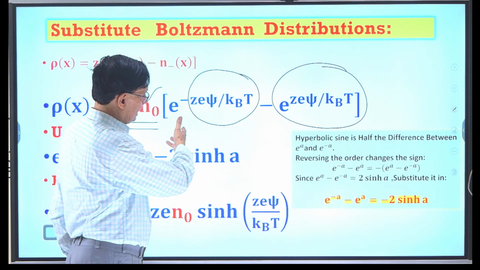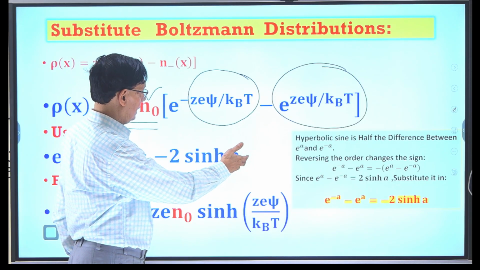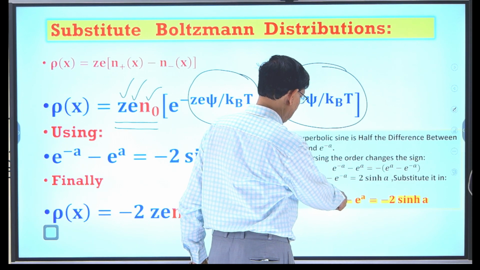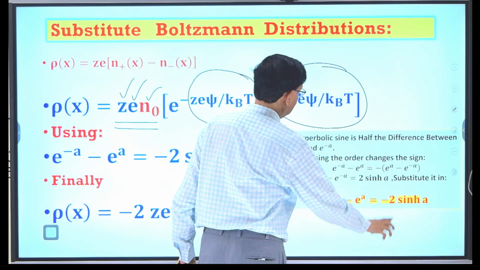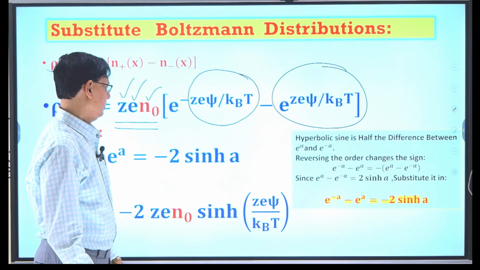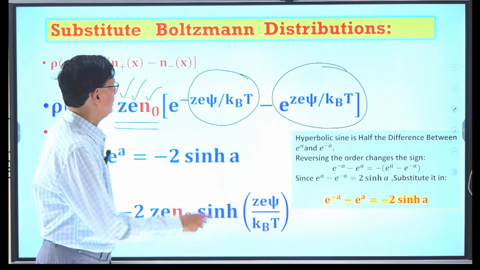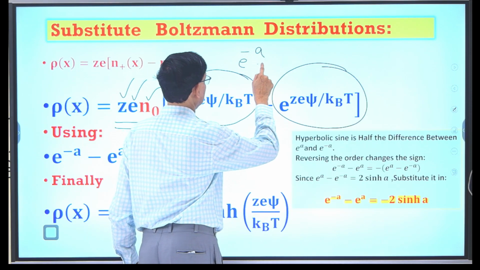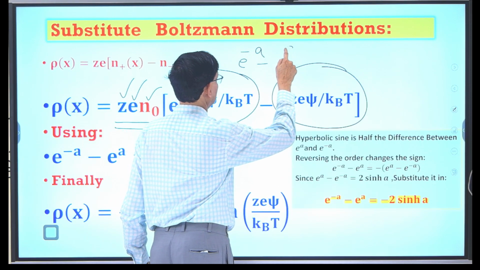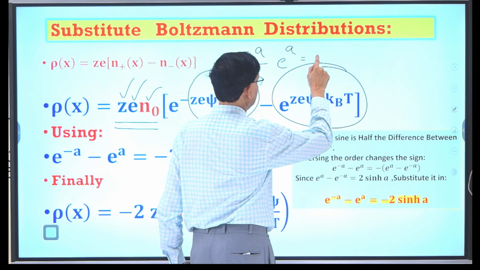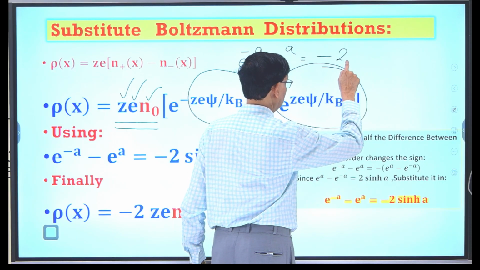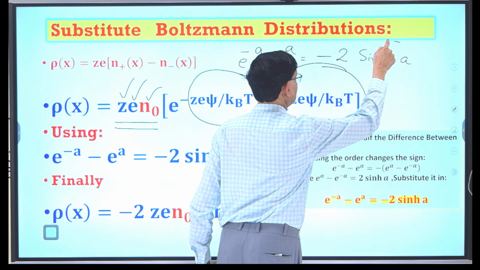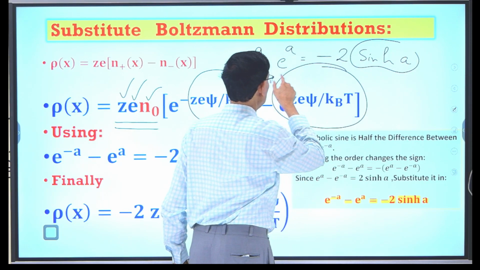So थोड़ी देर पहले ही मैंने आपको बताया कि it is hyperbolic sine: exponential a minus exponential minus a is 2 sinh a. This is a formula. There is no confusion with that. अगर आपने यहाँ पे e minus a, e minus e plus किया, this is equal to minus 2 sinh a, और ये आप बोल सकते हैं sinh a divided by 2.